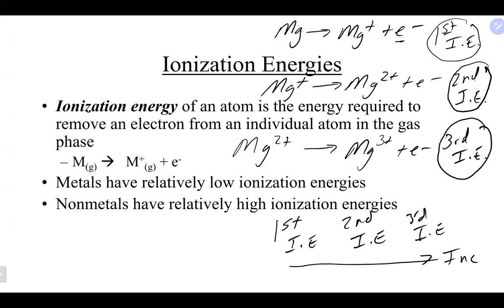So what about magnesium here? If we look at its configuration of 1s2, 2s2, 2p6, 3s2, why does magnesium, for example, only make a +2 charge? So what happens is after we rip off the first electron, right? By the way, magnesium here would have how many valence electrons?